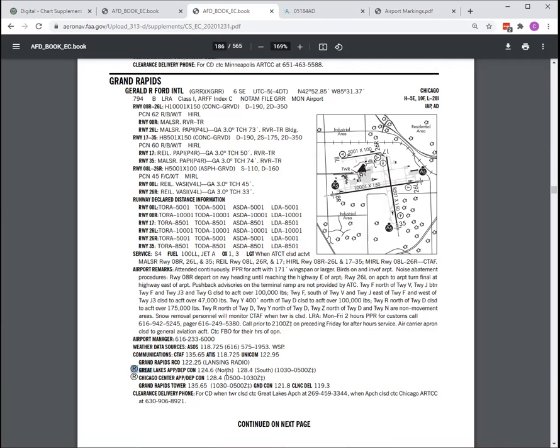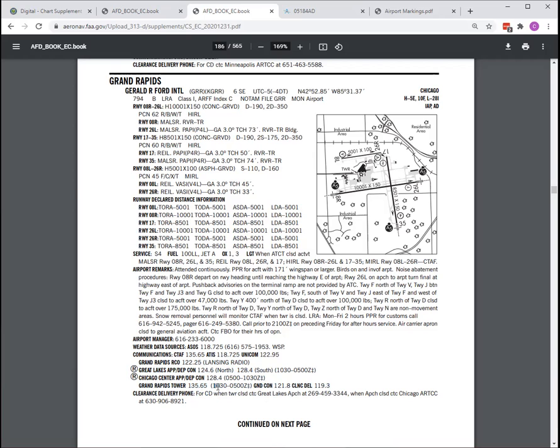Then it gives some other frequencies which are used when you arrive or depart Grand Rapids. You might be on Chicago Center frequency or Great Lakes Approach departure. Those are also good frequencies to know if you're flying around the area. And then it gives us the actual tower frequency. Grand Rapids Tower is on 135.65.